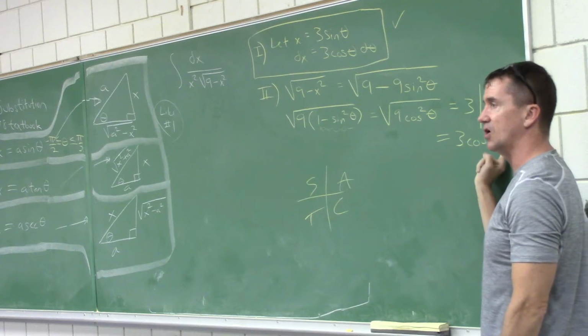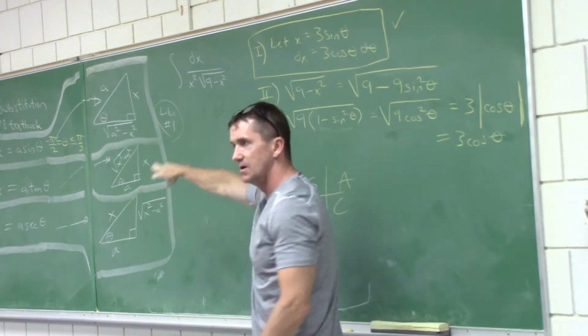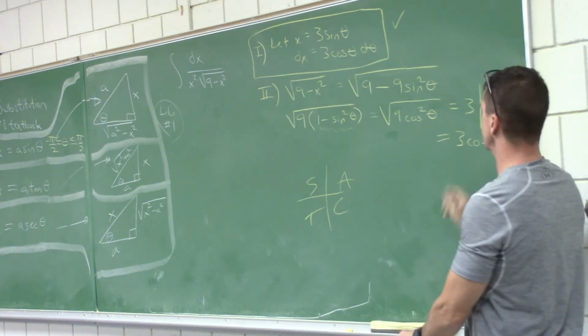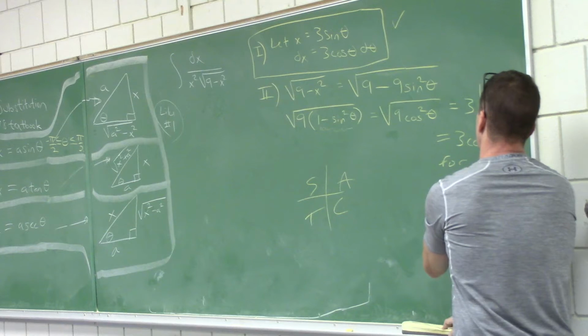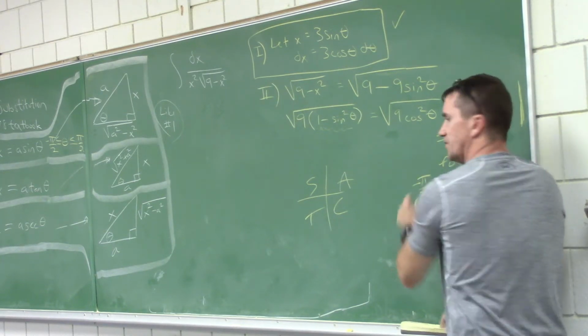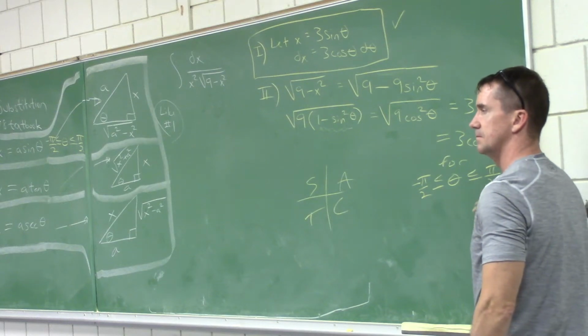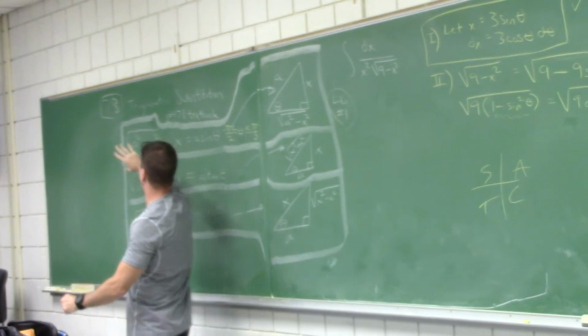I eliminated these bars because cosine theta is positive when it's in those quadrants. So I'll write for theta less than or equal to pi over 2. But the good news is you don't have to worry about writing this. We know that's part of the situation here. Call this situation 1.